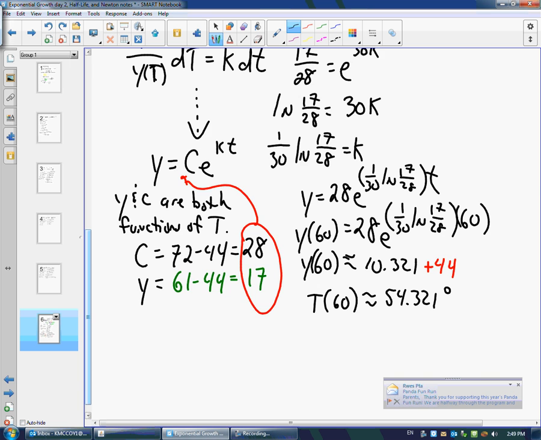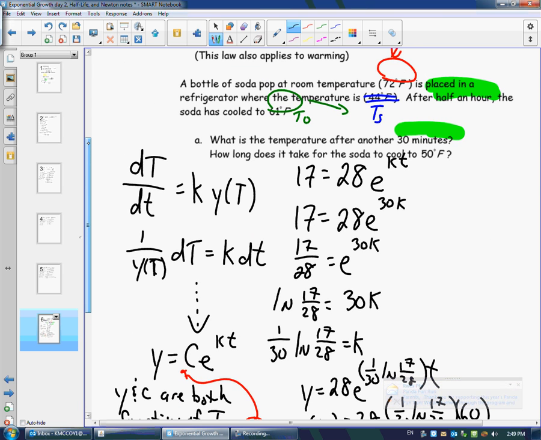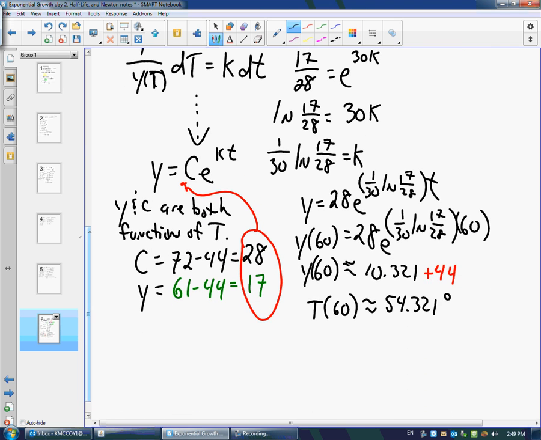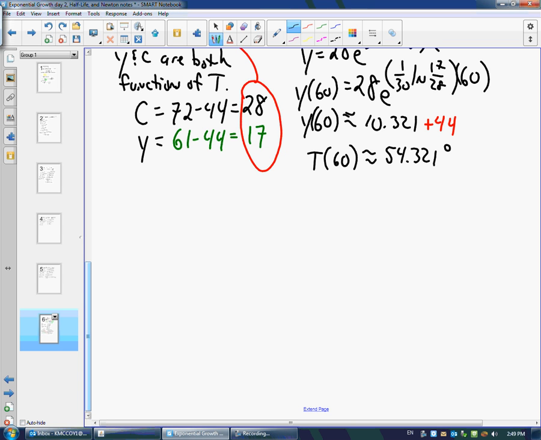And there is a second part to this question, and then we'll be done: how long does it take for the soda to cool to 50 degrees? So now we're actually going to solve for time, same general idea. Let's extend that a little bit.